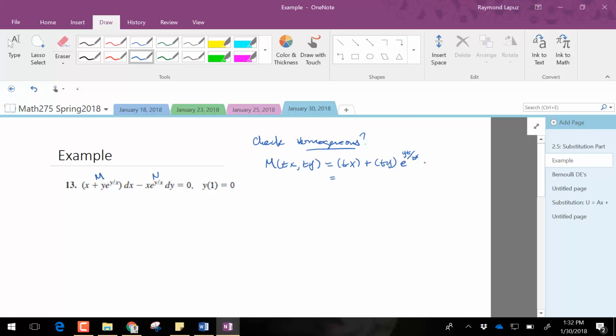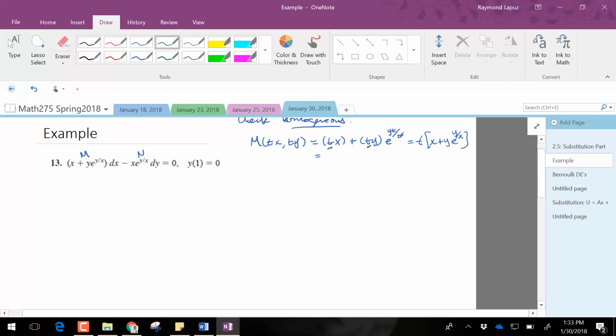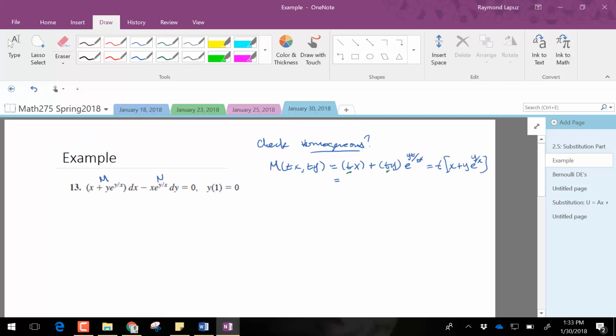Then we factor out a t, and we get x plus y e to the y over x. So that is homogeneous, first degree homogeneous. It's t to the first. All we did was factor out a couple of t's there.